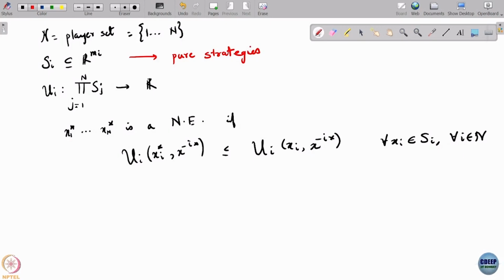And it turns out that you can actually claim the existence of a Nash equilibrium for this kind of game pretty much using the same arguments that we used for a Nash equilibrium in mixed strategies, when you had finitely many pure strategies. Remember, the set of mixed strategies is also infinite.